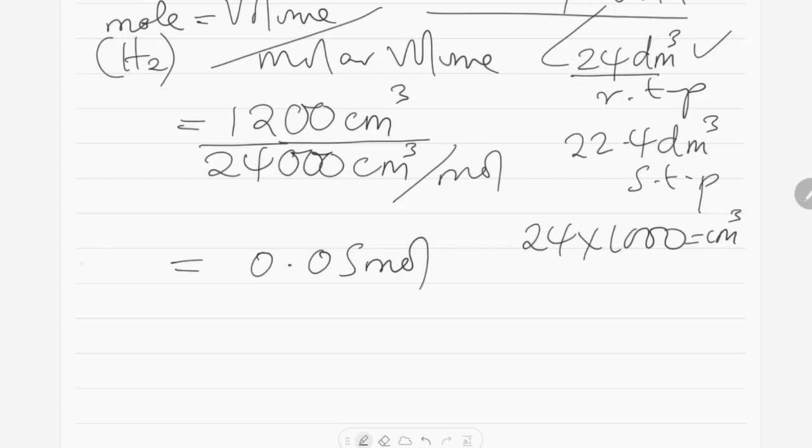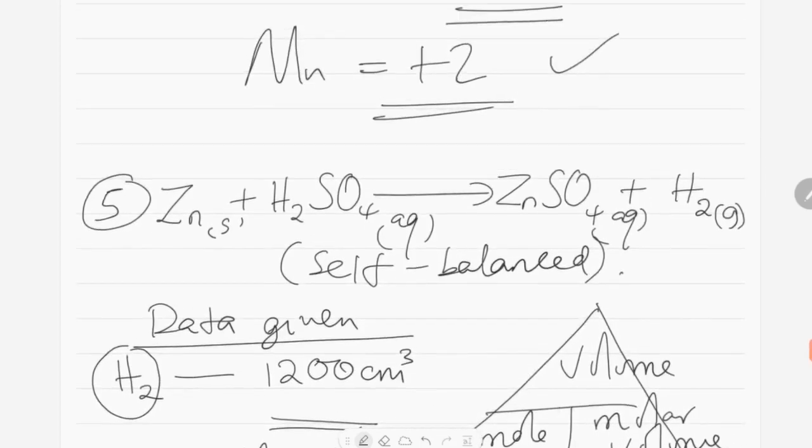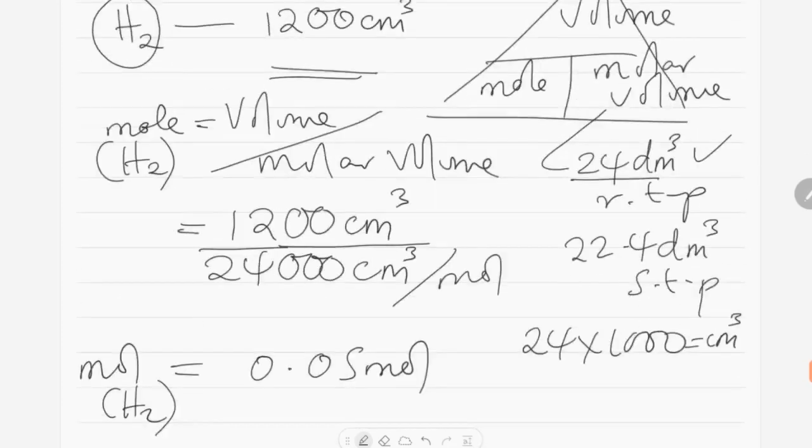So this mole, remember, is for hydrogen. But we see from the equation, let's get back to the equation, the mole ratio of zinc to hydrogen is 1:1. So because the mole ratio is 1:1, the moles of hydrogen and zinc will also be the same.